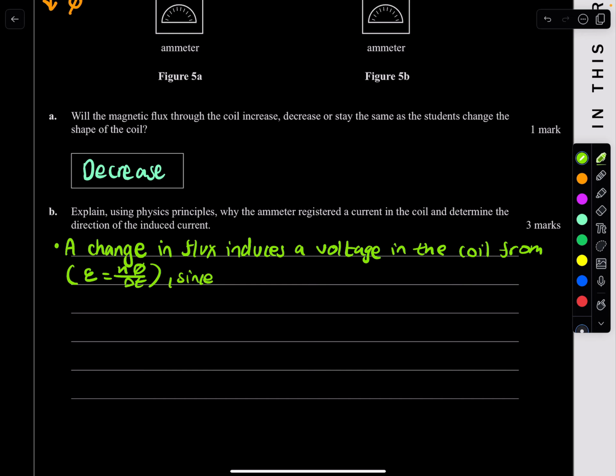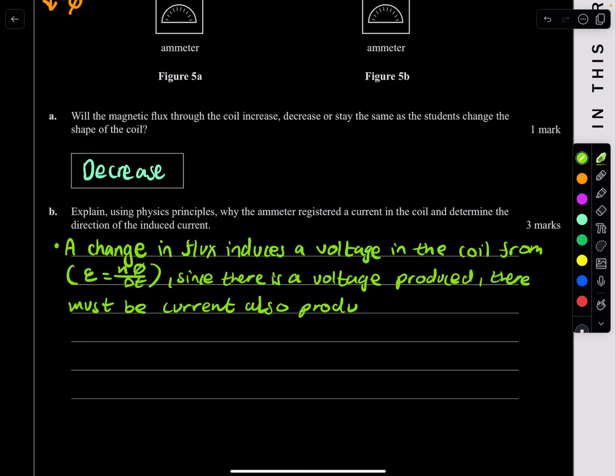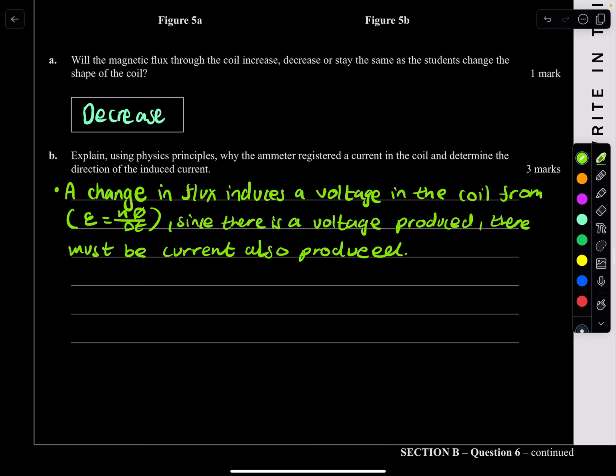Since there is a voltage produced, there must be current also produced. Done. And to explain the direction, we're going to use Lenz's law.